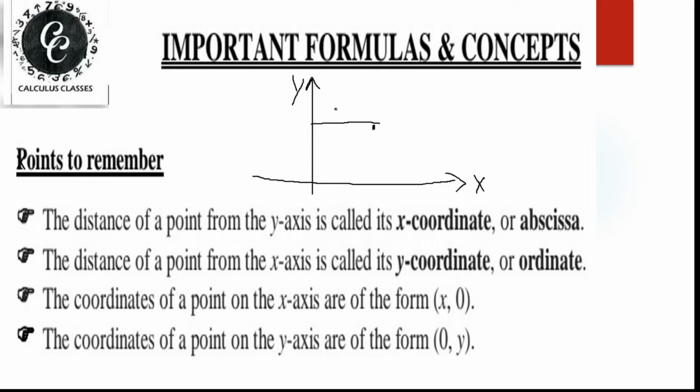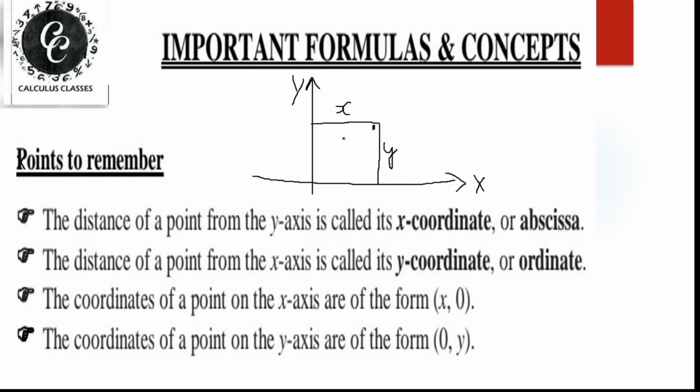This is called the x coordinate of that particular point. And the distance of a point from the x-axis is called the y coordinate. I hope you are understanding.